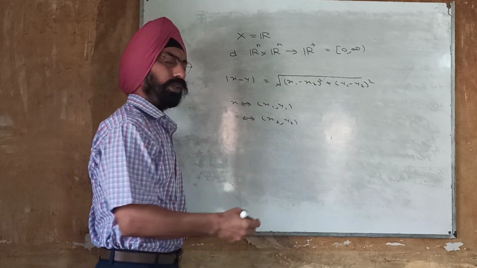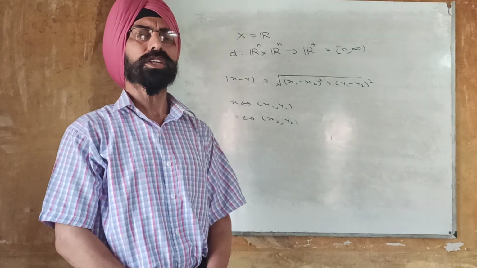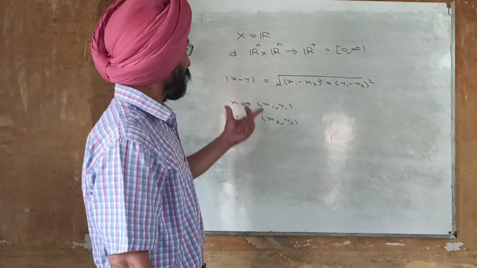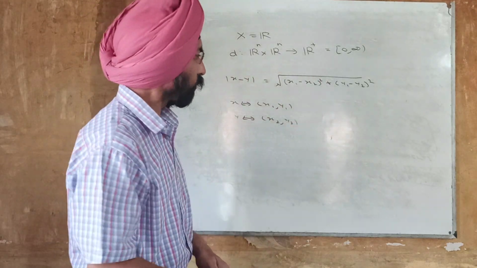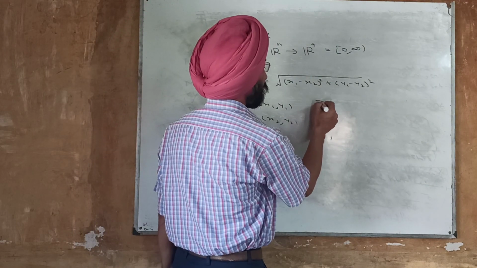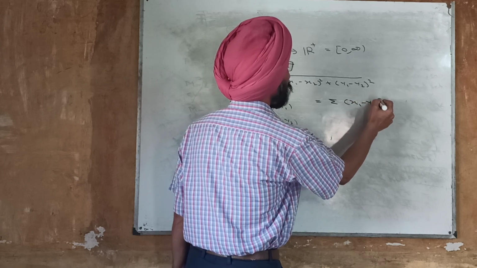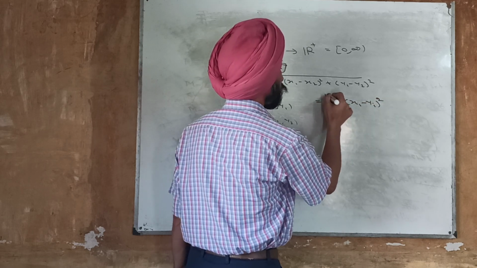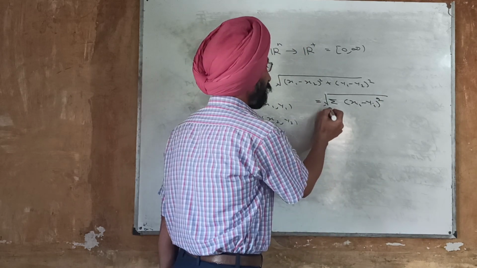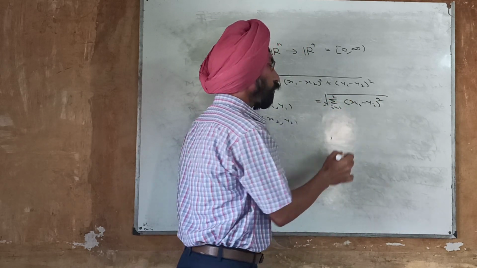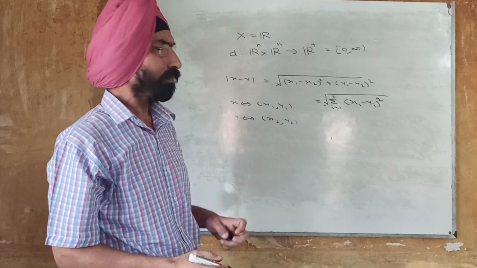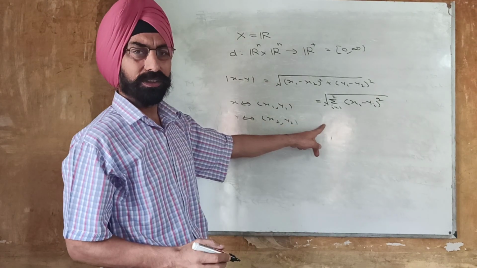We know from our basic knowledge of geometry that the distance between 2 points is this. You can write it also as the square root of sigma x i minus y i square, where i varies from 1 to 2. You can write it like this. This is for 2 dimensions.